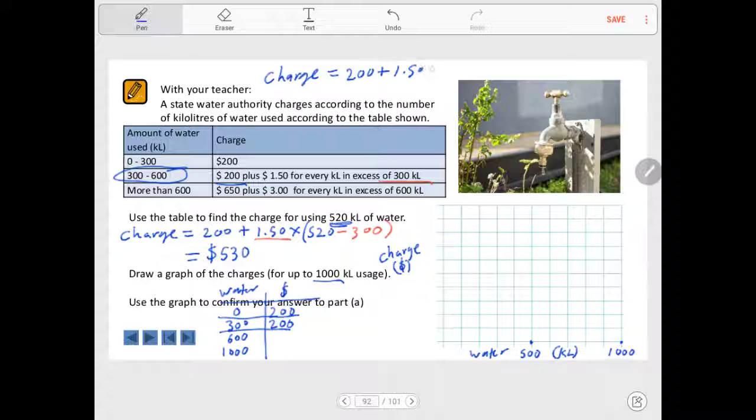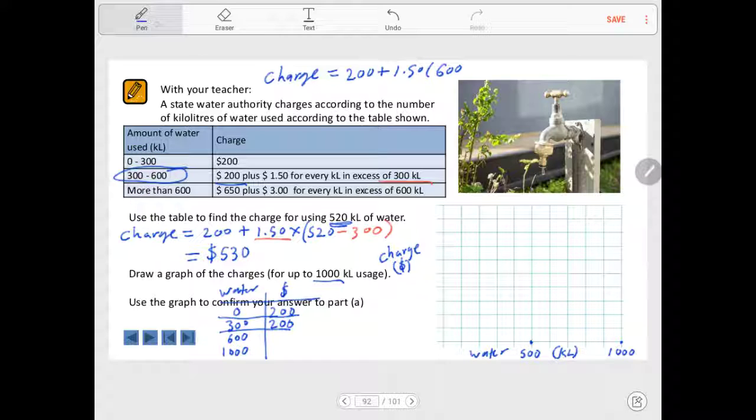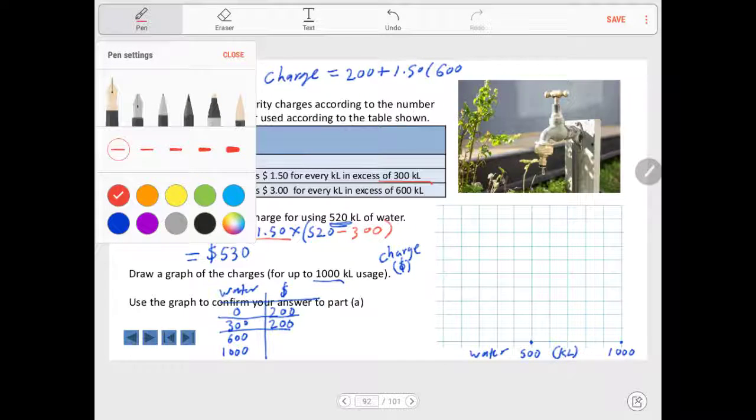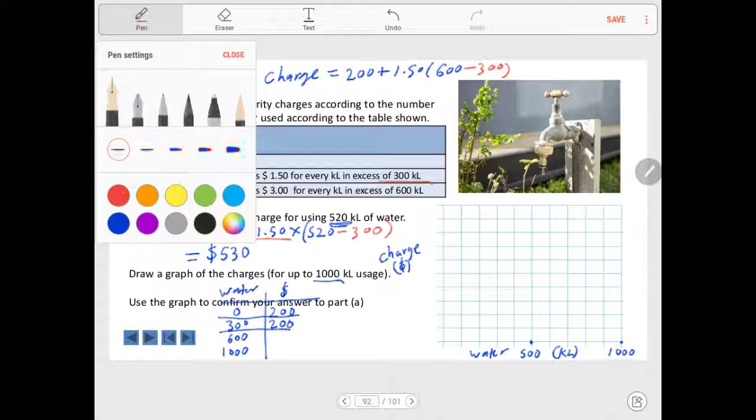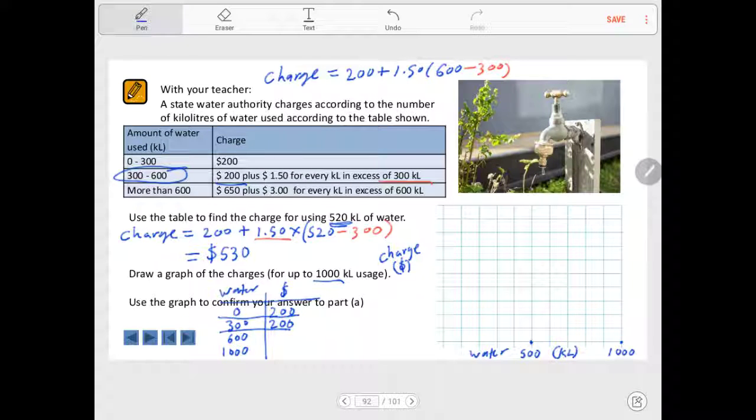Then 1.50 multiplied by 600, but of course we need to subtract the 300 from that. So if we put that into the calculator, we get a total charge of $650. So $650 down here.